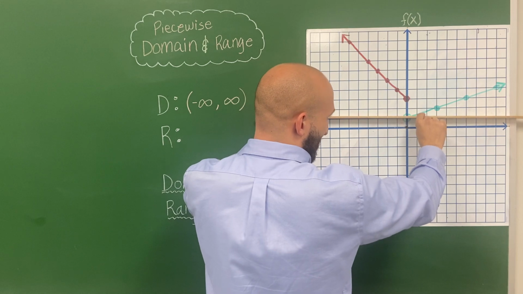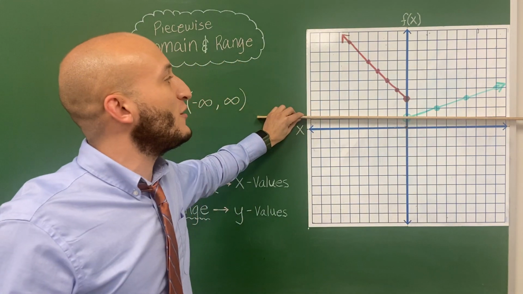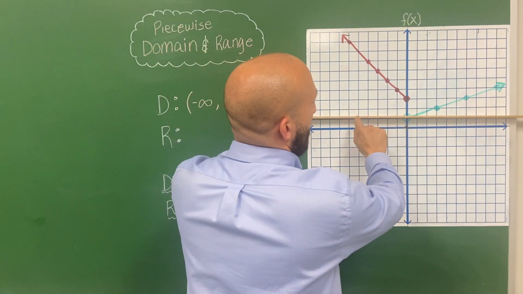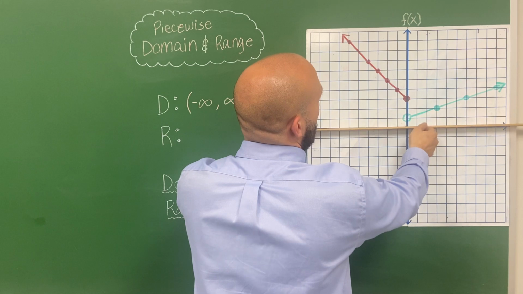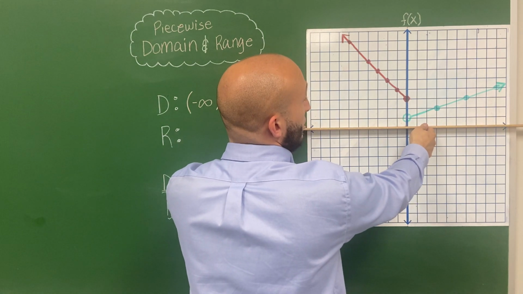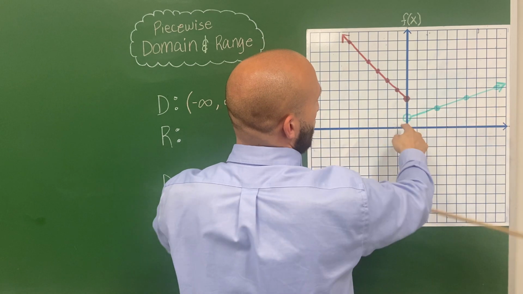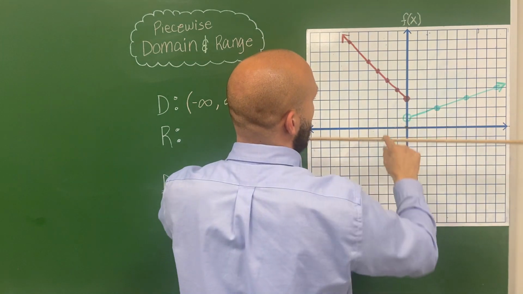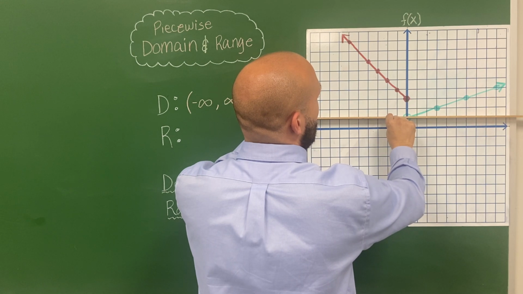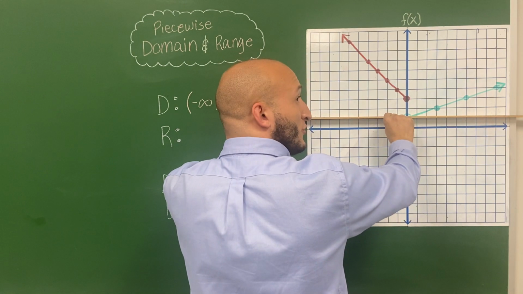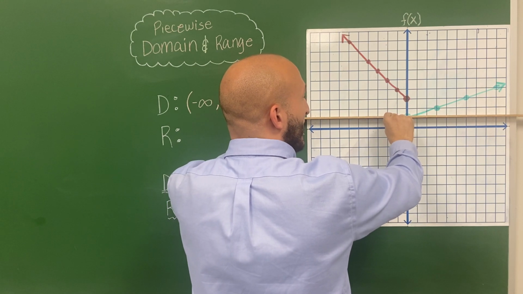Now, I don't hit that open circle. I get really close, and here would be my y value, so here would be at y equals 0. This would be at y equals 1. And that is where this open circle is at. As soon as I see an open circle or a closed circle or a line, that's where I start recording.